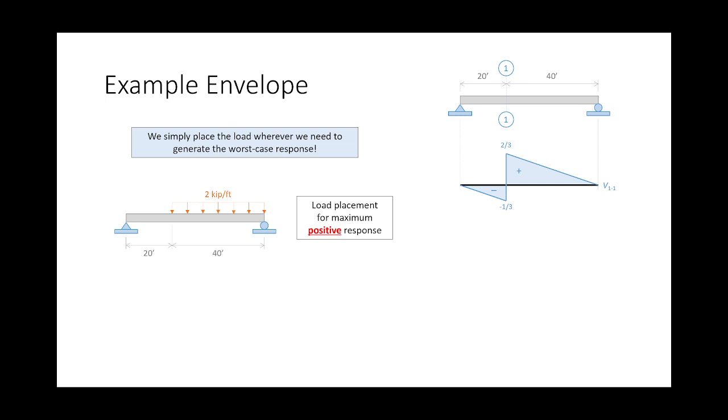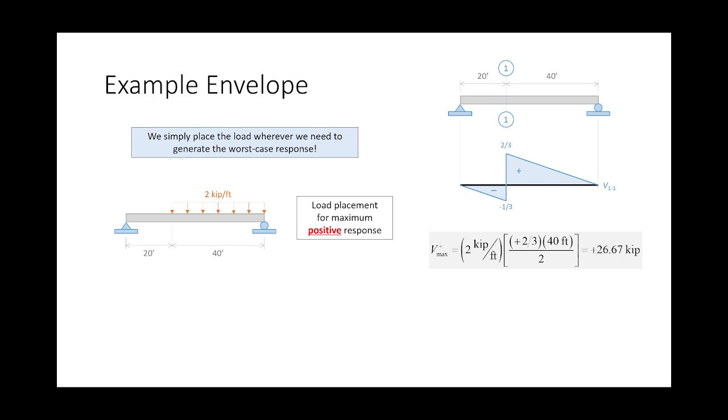How would I determine the shear right here under this load placement? We just figured that out. Take 2 times this area. And so that is a maximum positive shear of 26.67 kips. Now, pop quiz. Where do I place the load to generate the worst case negative shear?